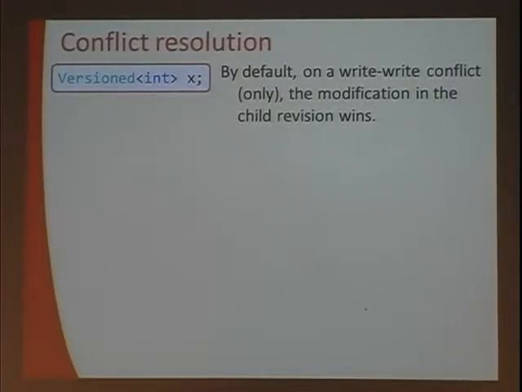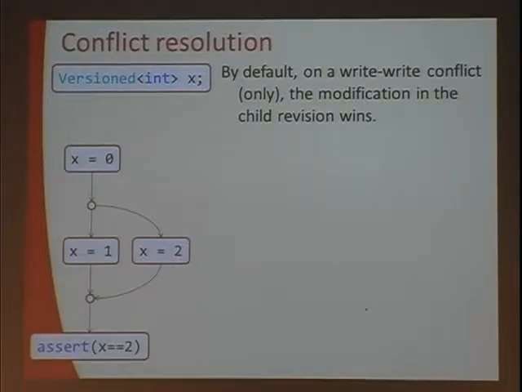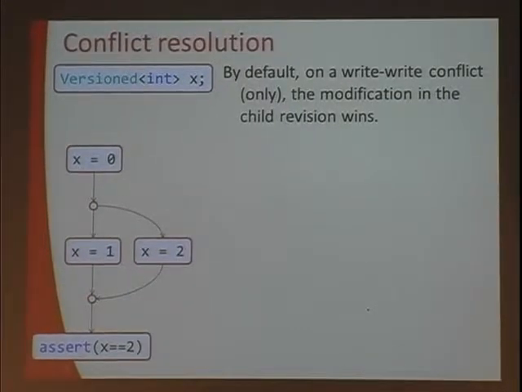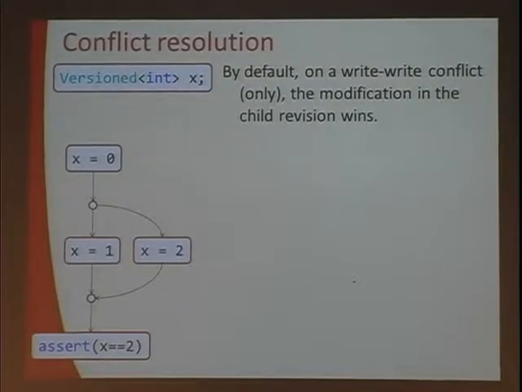So in concurrent revisions, on a write-write conflict, child always wins, unless you want it different. In this revision diagram, the main revision updates x in parallel with the child, and the child wins. X is equal to 2 at the end. If you want it differently, then you have to override the merge.